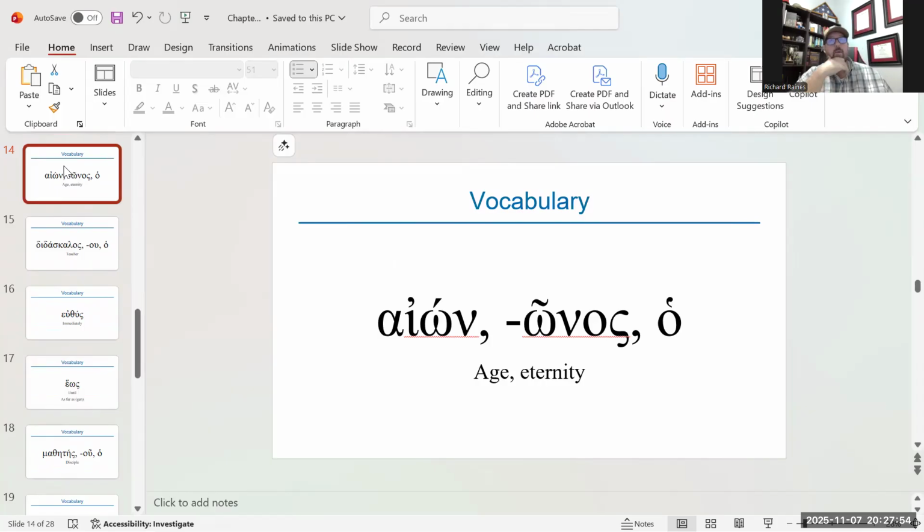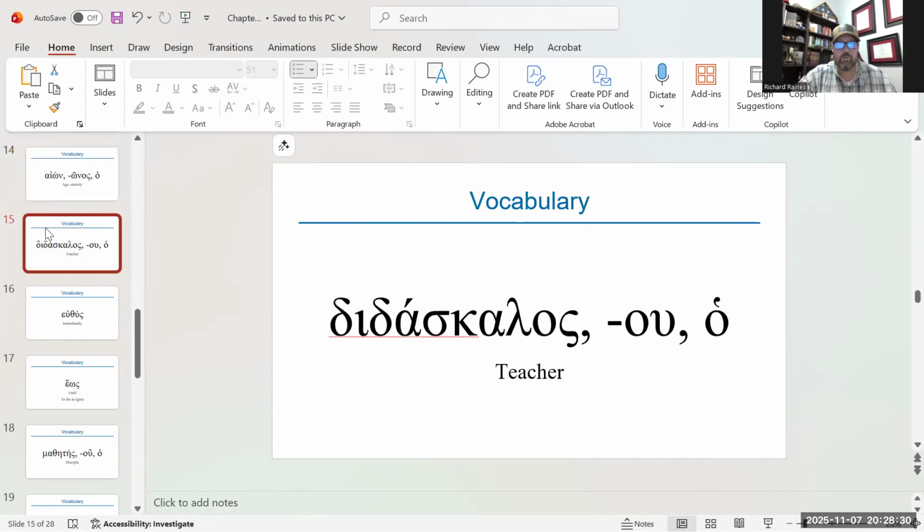You'll learn this later, but when you see "forever and ever" or "forever" in the New Testament, forever is eis tòn aióna, into the eternity or into the age. In my opinion, it's one of the more beautiful phrases that you see in Greek. Eis tòn aióna means into the age or forever. So aión means age or eternity.